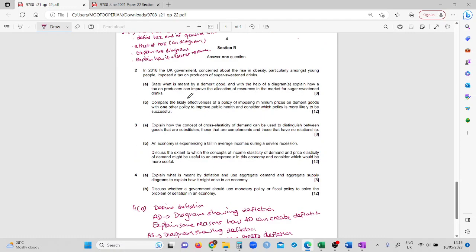Question 3. So question 3, explain how the concept of cross elasticity of demand can be used to distinguish between goods that are substitutes, those that are complements, and those that have no relationship. So this is a very easy question. It's a question which can bring someone full marks. So first, we have to go with the plan.